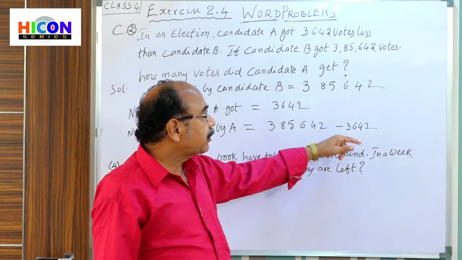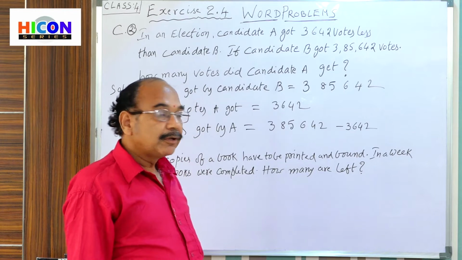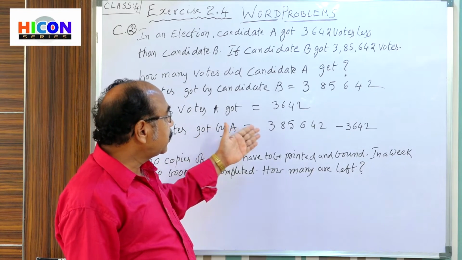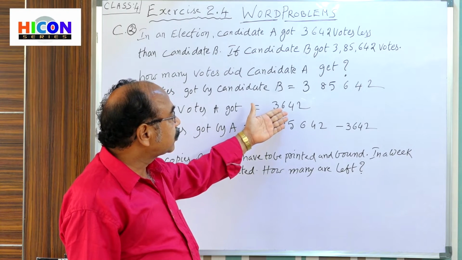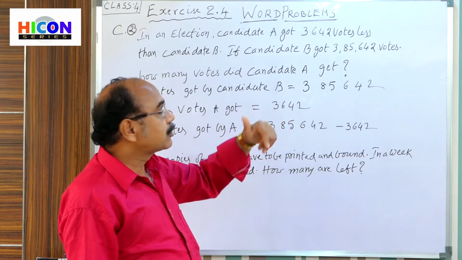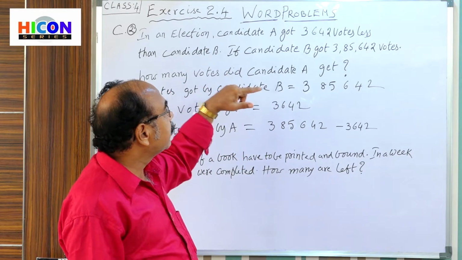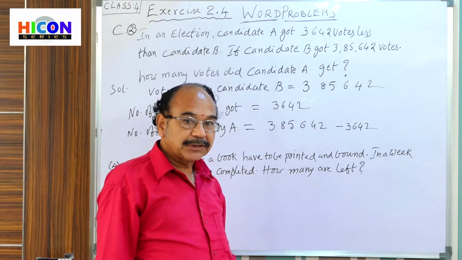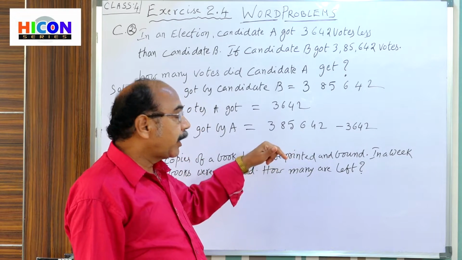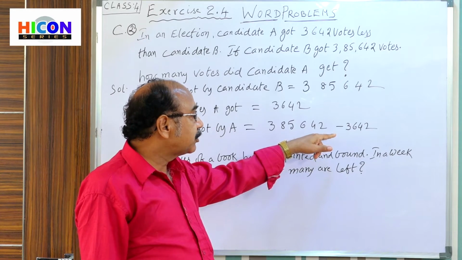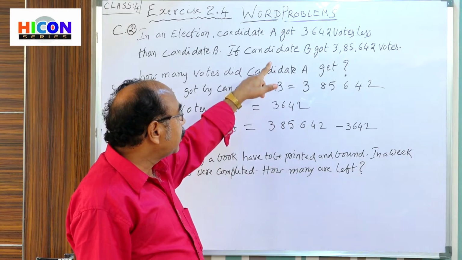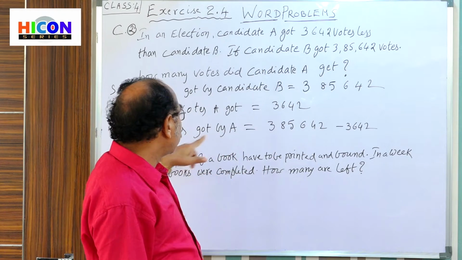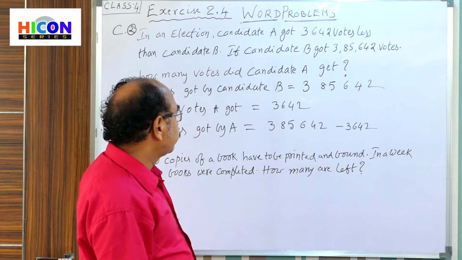Why are we subtracting 3,642? Because here A is getting 3,642 less votes than candidate B. If we subtract 3,642 from B, we can get the votes secured by A.